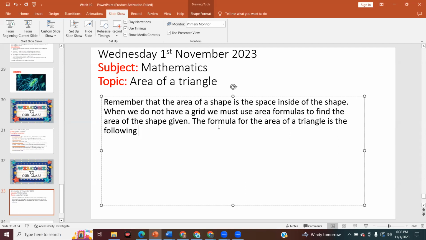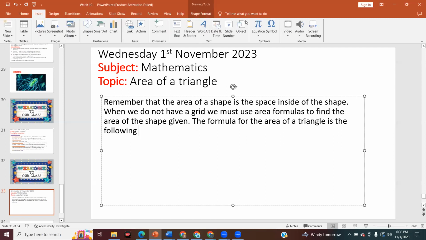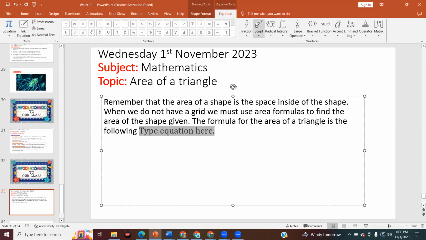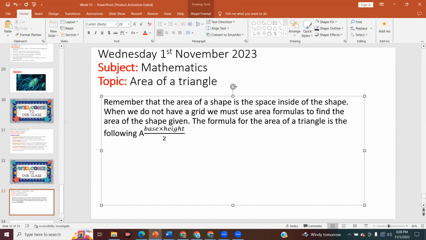So the formula is actually base times height divided by what? Divided by 2. So the formula for the area is base multiplied by height divided by 2. That's the formula for the area of a triangle.